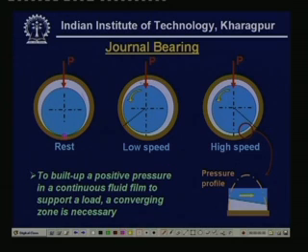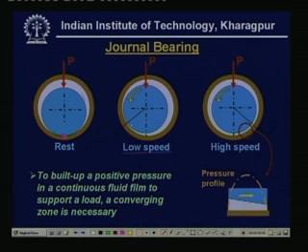Now, whenever the journal starts rotating at low speed conditions, what will happen is that with this load acting over the journal, the bearing has a tendency to just go over here, because if it is rotating onto the bearing, a frictional force will come in this way.